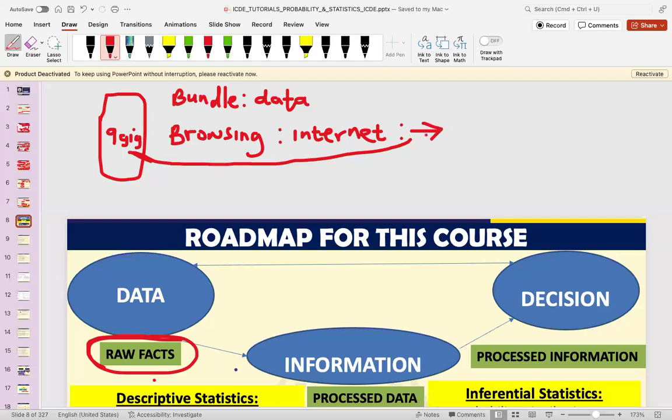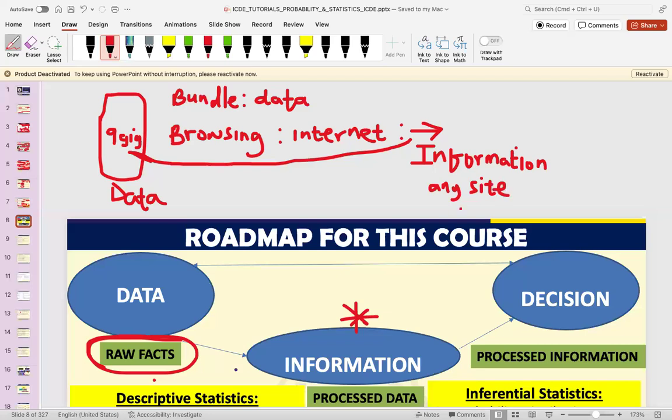The moment you start browsing the internet, it means you are at this level. You have now moved from data. Initially, it was data. And then the browsing has sent you to information. So now what is the information? The information is that now you can browse any site.